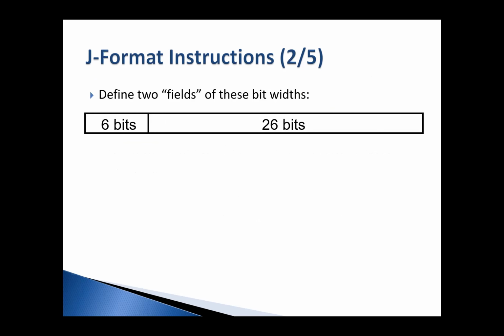But the problem is now this is not branch, which means that we are not describing how far it is, because sometimes your function can be far, far, far away from your main function. Then it doesn't make sense to count the number of lines apart, right? So the question is, how can we describe 32 bits in 26 bits?